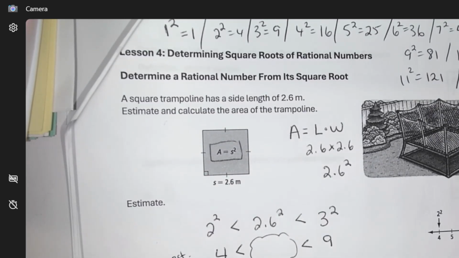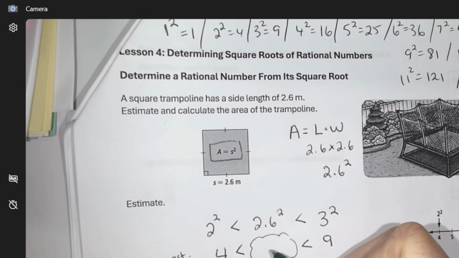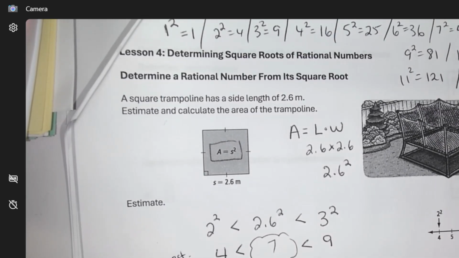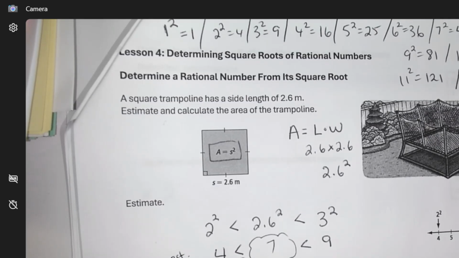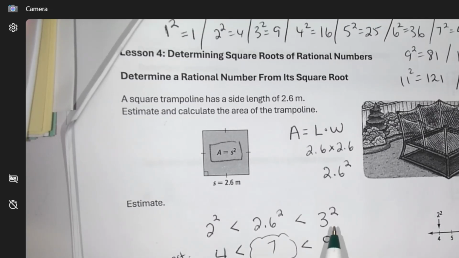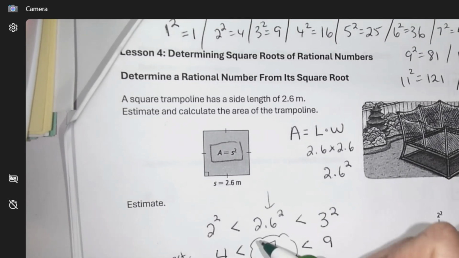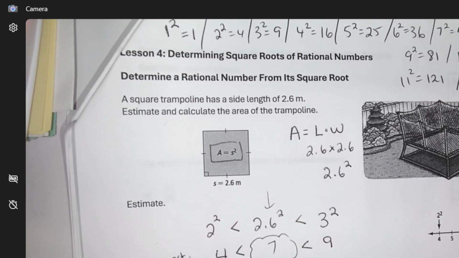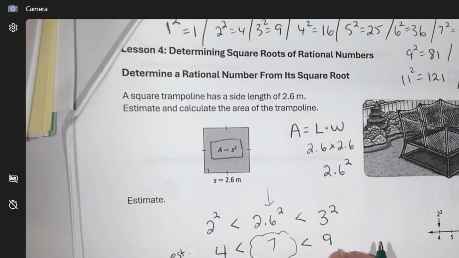So this is an estimate. Where do you think you want to put 2.6? Somewhere between 4 and 9. Are you closer to a 4, maybe closer to a 9, kind of in the middle? 5 would probably be too low because I'm not that much closer to 2 than 3. 2.6 is middle or just over, so maybe think middle to over halfway.